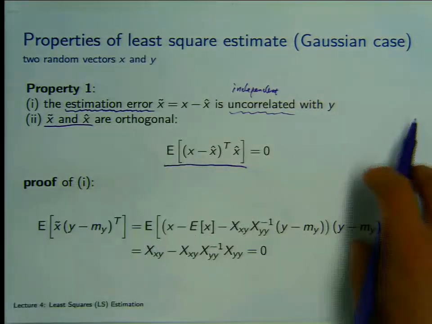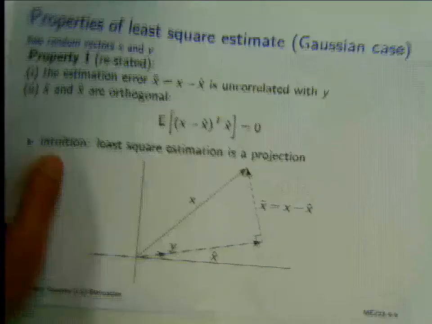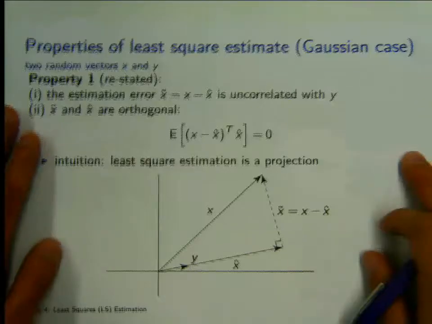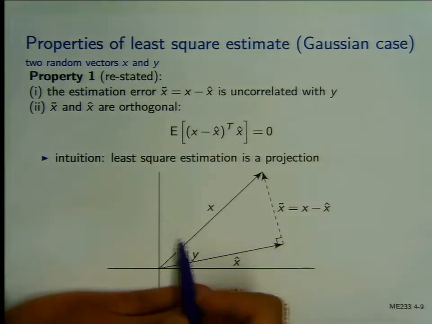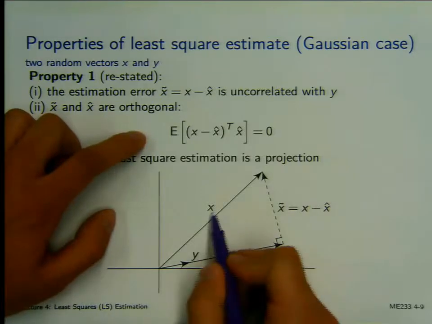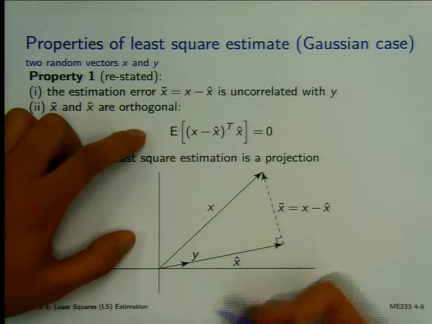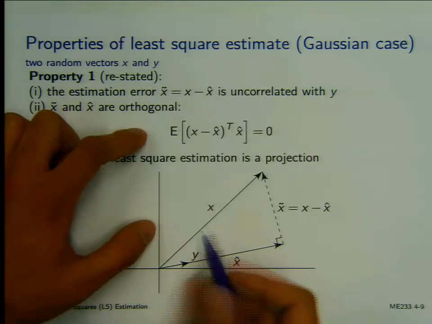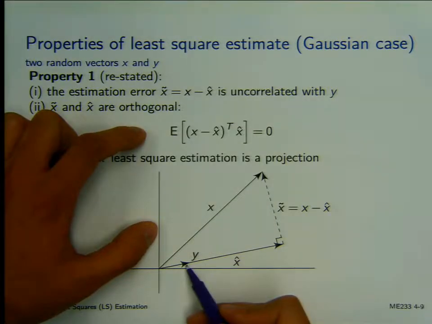So I will give you the intuition of these two results by a picture, which hopefully you find more intuitive. I will show the picture first, and then I will talk about the derivation. If we put the random vectors in a random vector space, then I have the random vector x. This is a 2D case. I have the random vector x, and I have the random vector y.